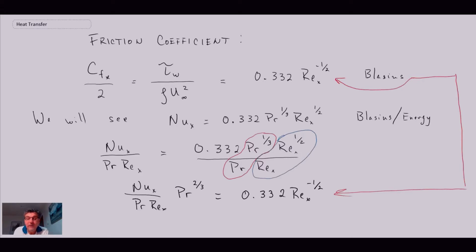But what can we do with that? Well, let's take it a little further. And so what we're going to do, we're going to play with this term over here, and we're going to expand everything out. So expanding that term out, we have the Nusselt number. We have Nusselt, we have Prandtl and Reynolds in the denominator, so I'm going to invert them.